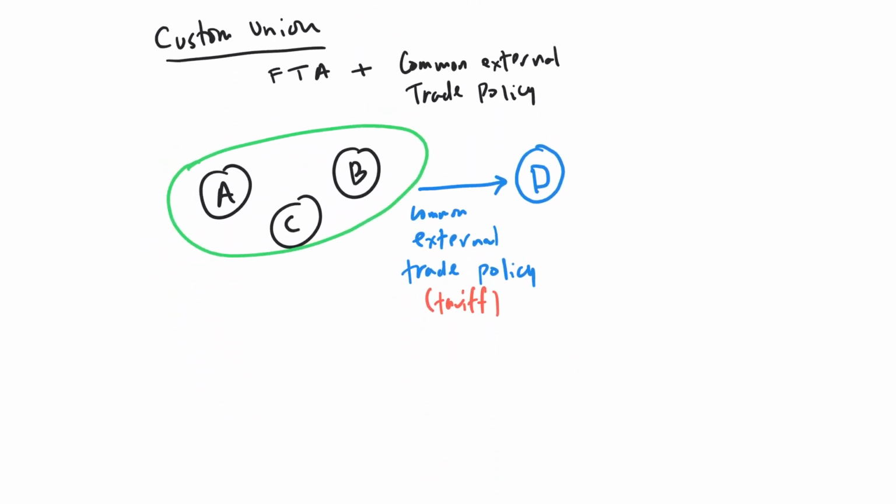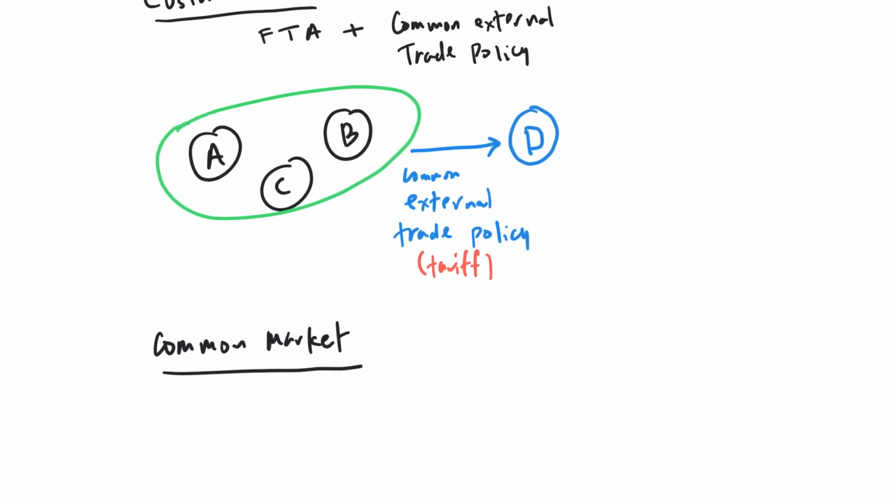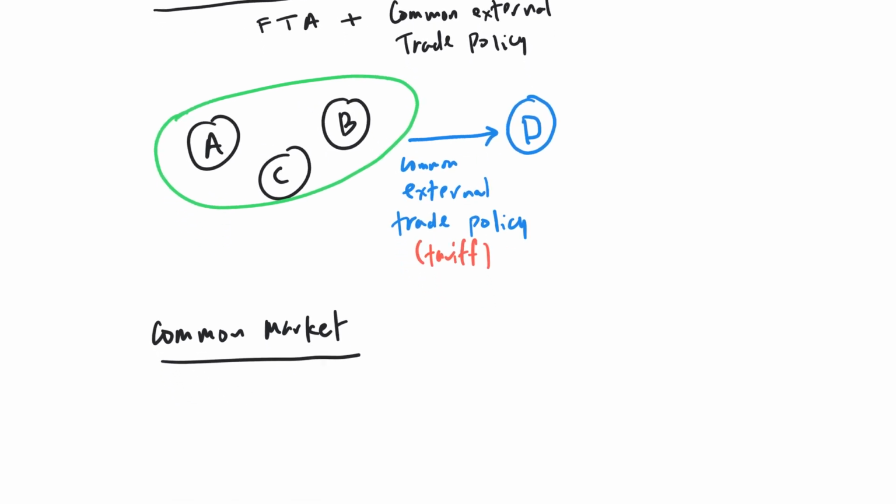So we have free trade area, customs union, and then comes the third one, which is called a common market. In a common market, it's stricter, or more integrated, than your customs union. So that's why we say it's customs union plus a few more things.